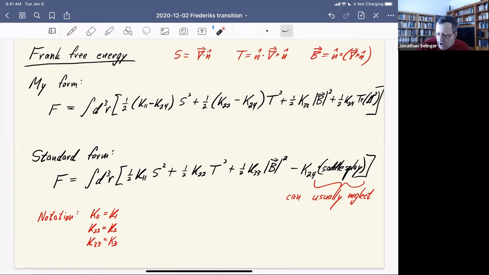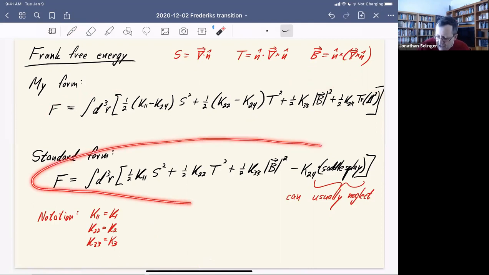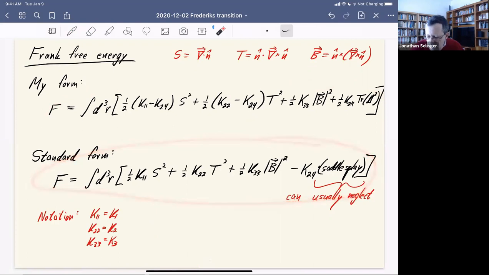And then I also showed you the standard form written in terms of splay, twist, and bend. And then this other saddle splay term, which is usually a constant. And so it's usually not something that we need to consider explicitly.